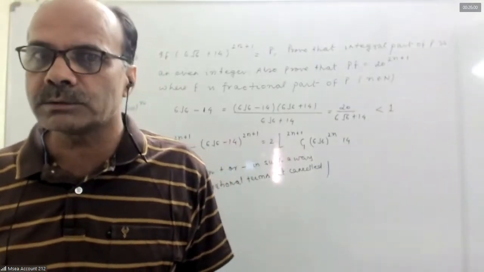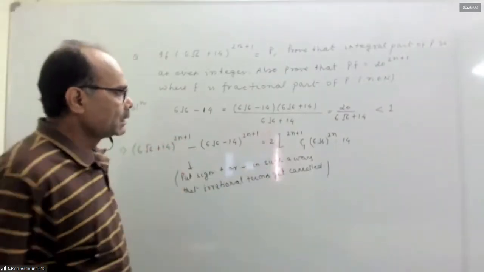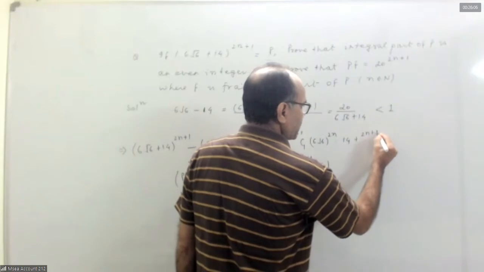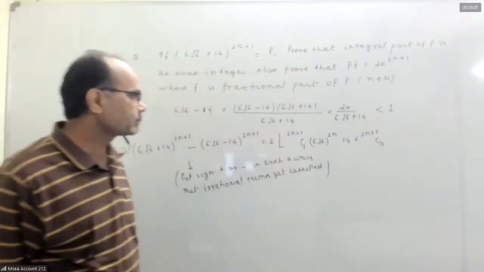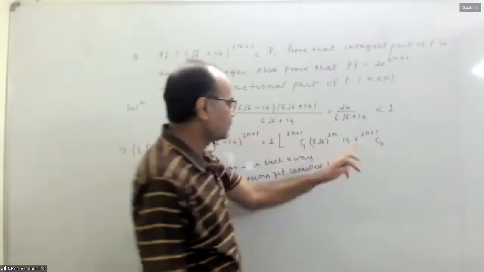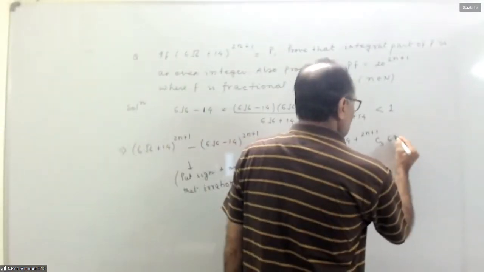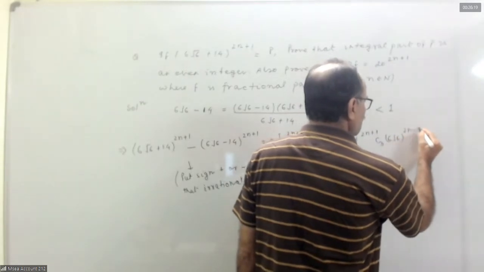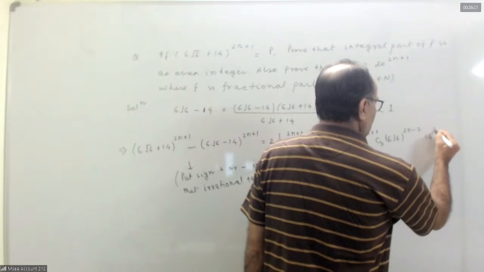Next term will be what? 2n plus 1 C3. The second term is added, the third term gets cancelled, the fourth term will be added: 6 root 6 to the power 2n minus 2 into 14 cube, and so on.